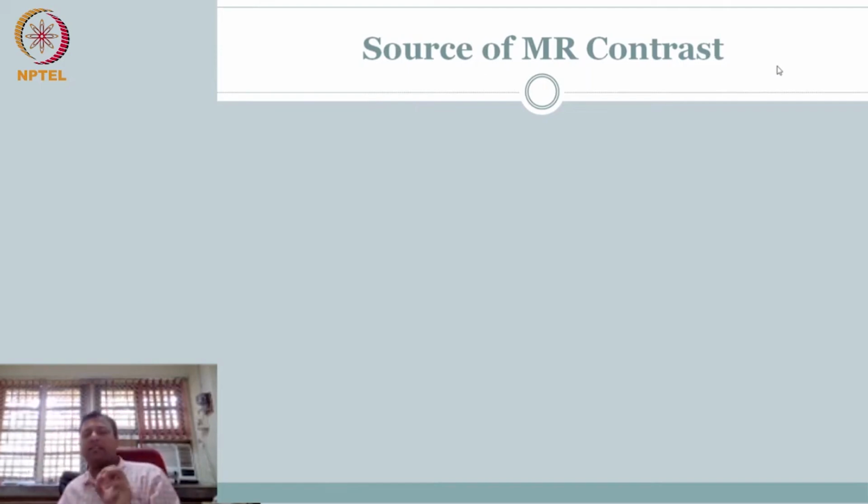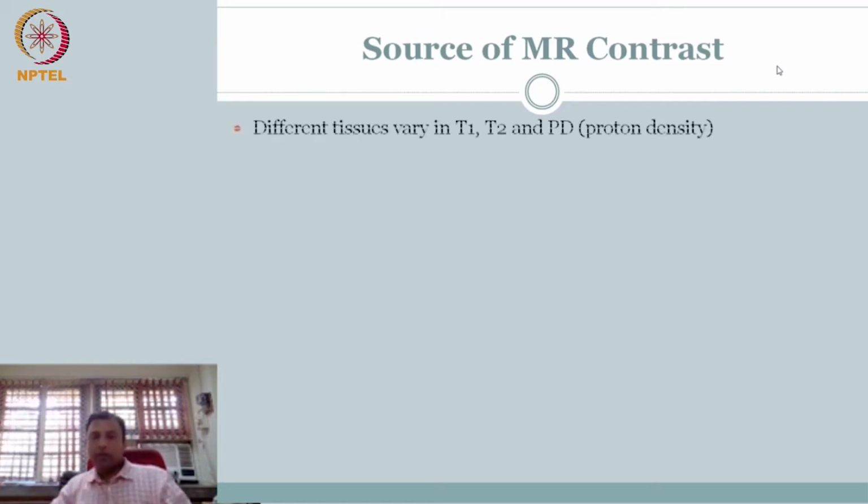So the inherent contrast of each tissue property that we have covered so far has to do with differences in proton density, differences in the time constant with which it is losing the signal due to dephasing, and the time constant with which the location is coming back to equilibrium, or the Z component is building up. These are the three inherent contrasts: proton density, T1, and T2 changing from one location to another. Is that all? Is there any other thing that we need to worry about before we talk about the contrast?